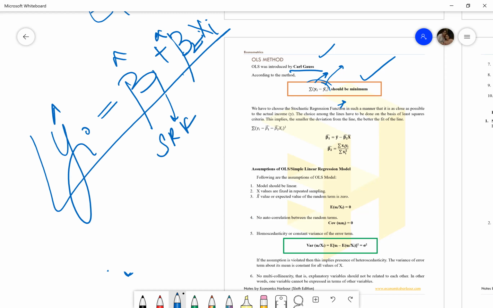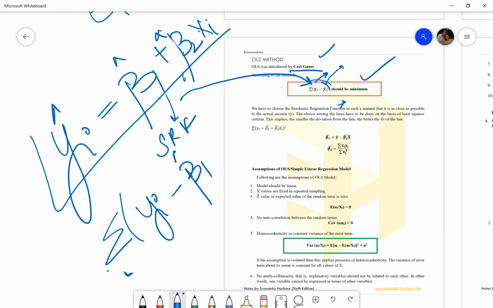And when we substitute this stochastic regression function in this, we get summation yi minus beta 1 cap minus beta 2 cap xi the whole square.